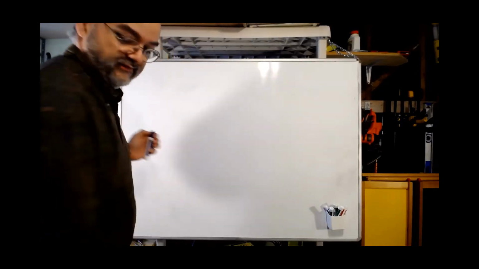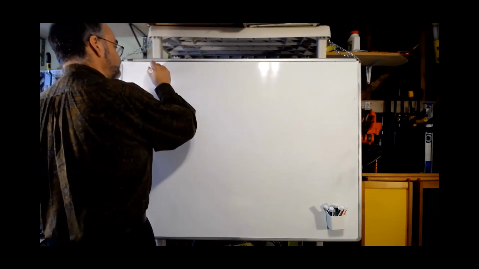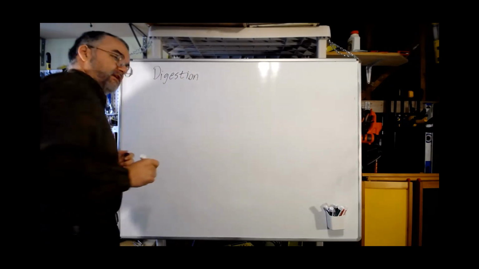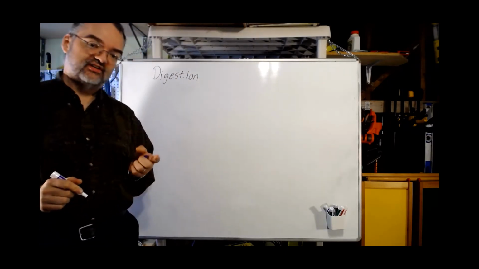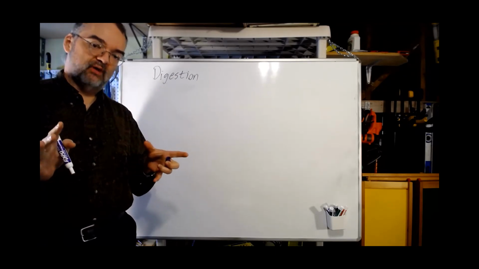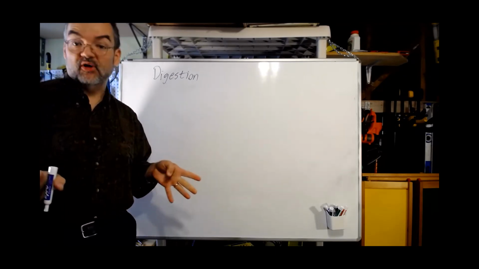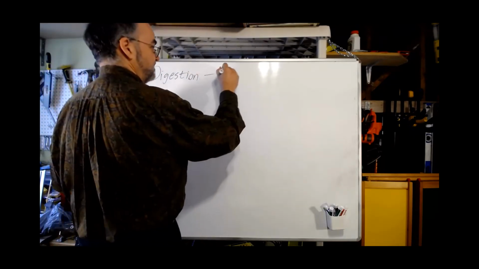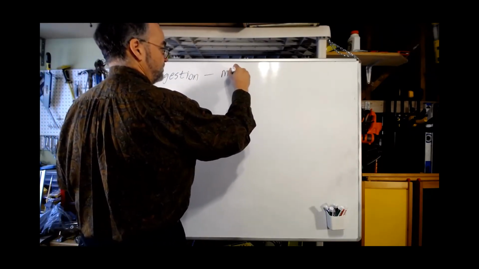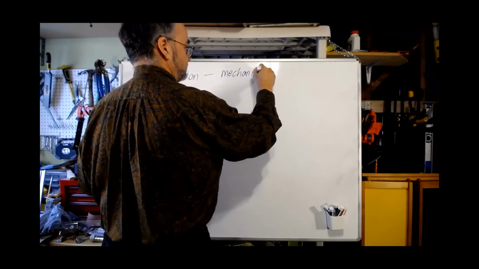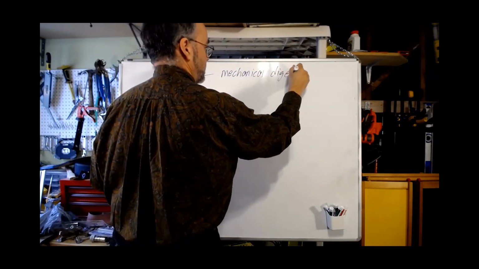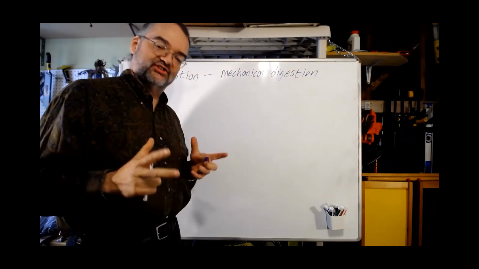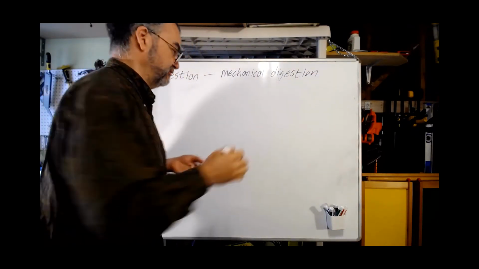The idea of digestion. If you remember, we said digestion is taking food molecules and breaking them into stuff that's small enough to be absorbed. That's going to include 2 aspects. There's the mechanical digestion, which is just taking big chunks of food and breaking them into small chunks of food.